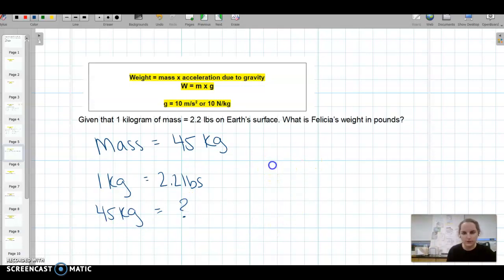Well, all you need to do is take your 45 and multiply it by 2.2, and you're going to find Felicia's weight in pounds. So you take out your handy dandy calculator and you do that out. And you should get 99 pounds.